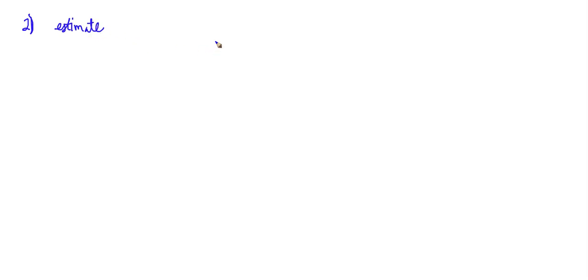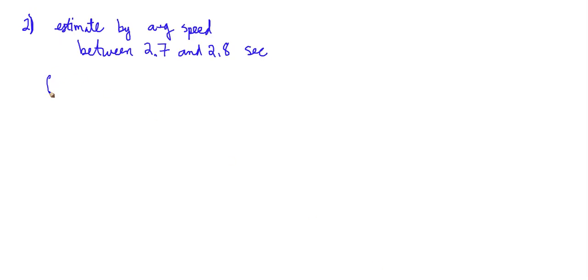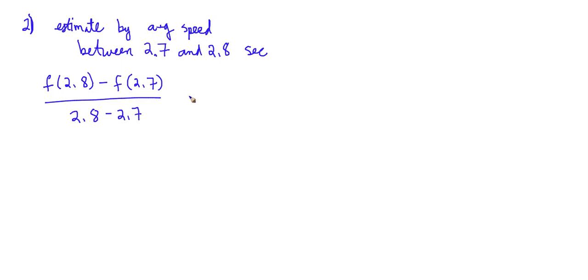So why don't we take the average speed between 2.7 and say 2.8 seconds. So this would give us f of 2.8 minus f of 2.7, all divided by 2.8 minus 2.7. And we can plug this into the function.